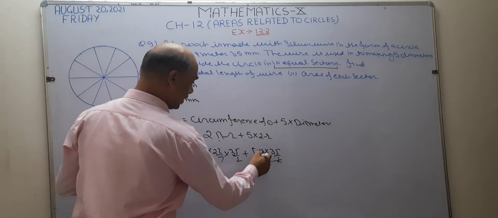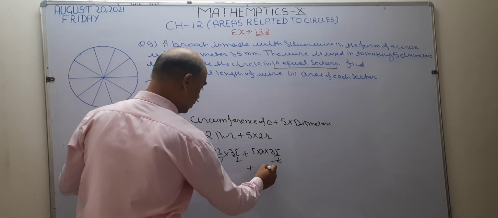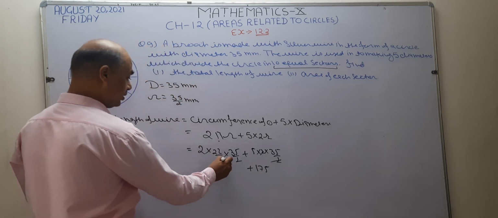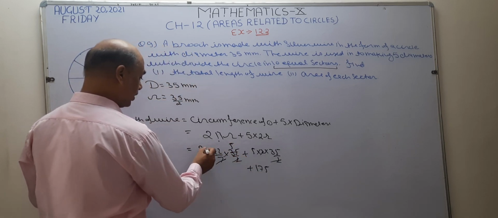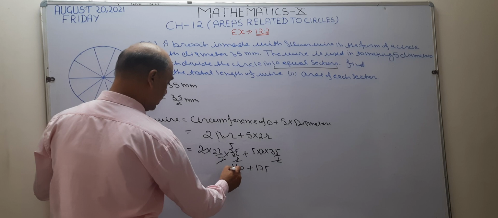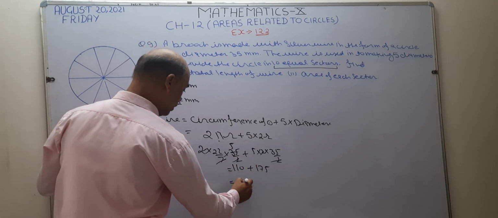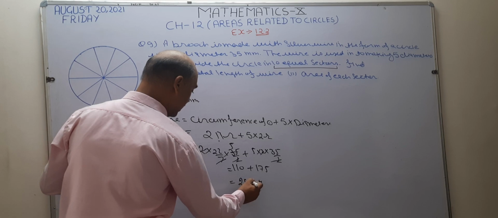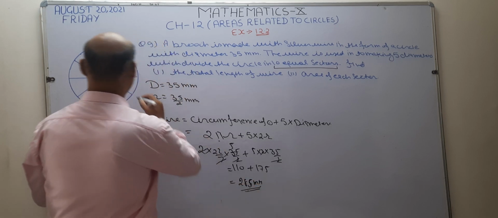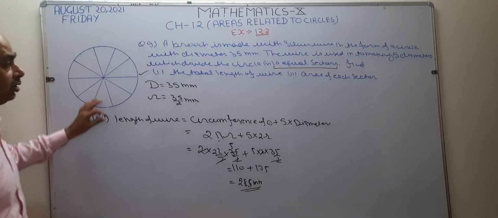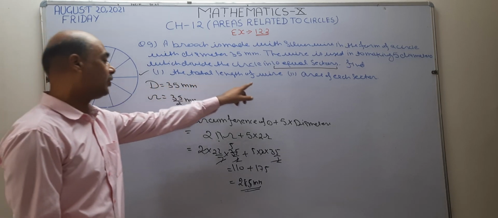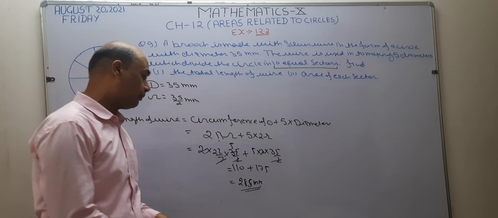Now this 2 is going to cancel. 5 5s are 25, 2 is left, 3 5s are 15, this becomes 175. 7 5s are 35, this 2 is going to cancel, so this becomes 110. Adding these two values, this becomes 285 mm. This is the length of the wire we use to make this pouch. Okay, this is the answer of the first part. The length of wire becomes 285 mm.